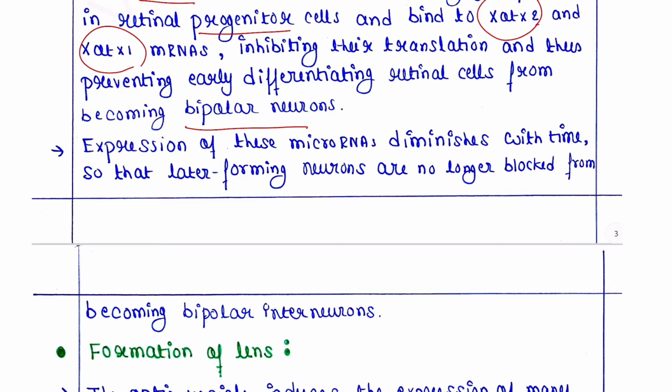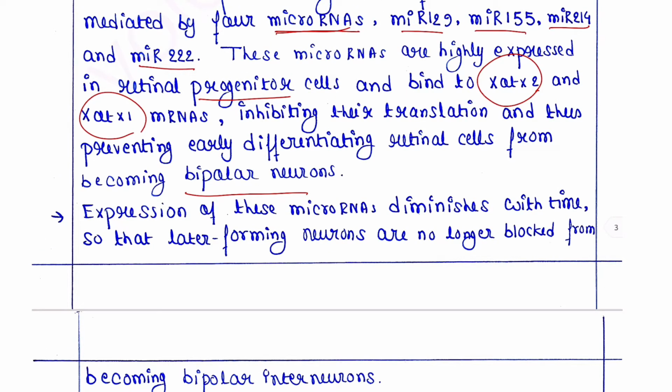So after some time of the development, the expression of these 4 microRNAs will diminish, because after a particular time, the bipolar neurons need to be generated. And to produce those bipolar neurons, these microRNAs must be inhibited. That is happening here.